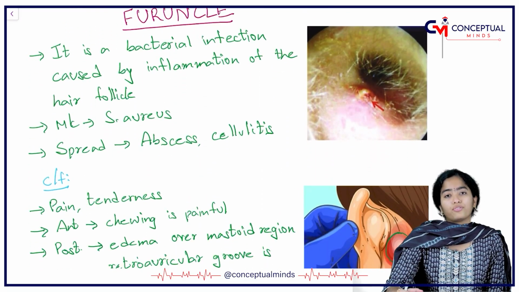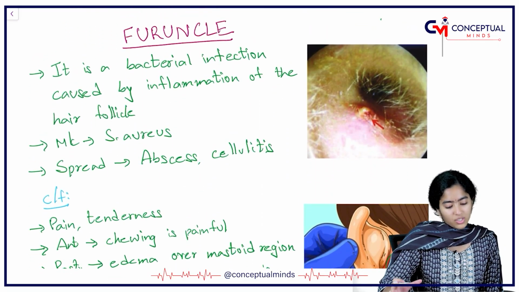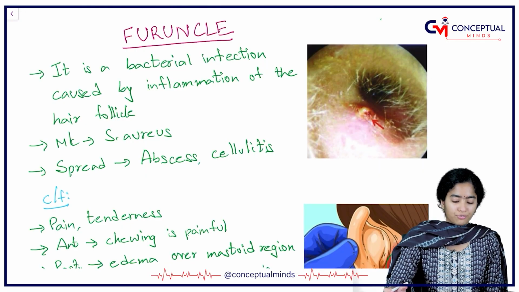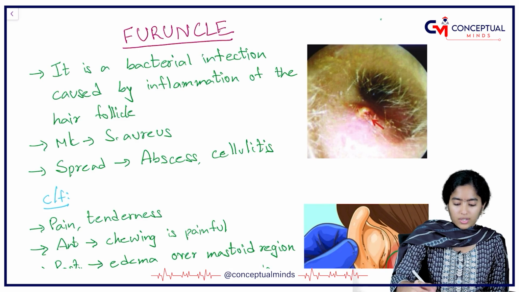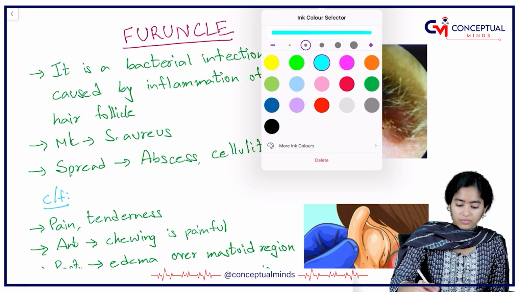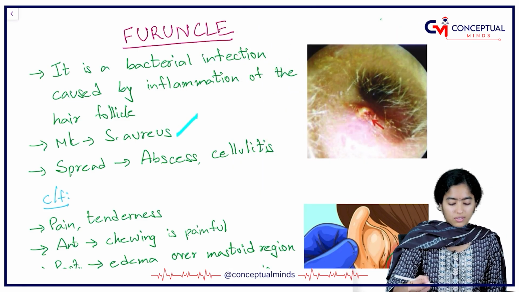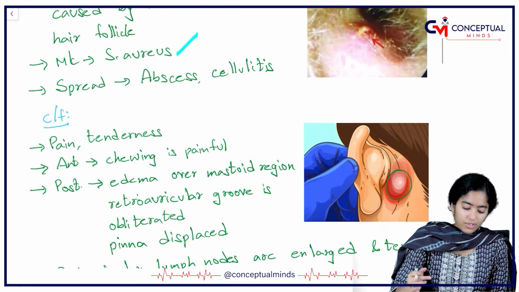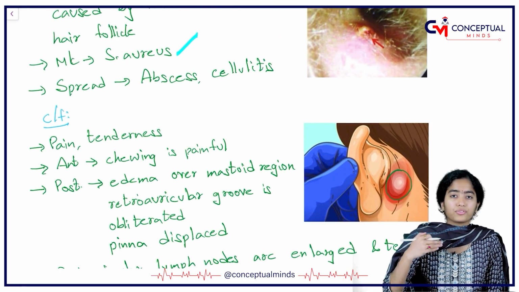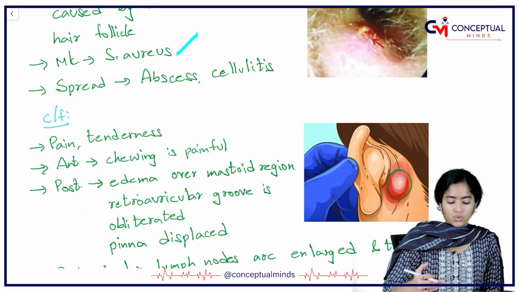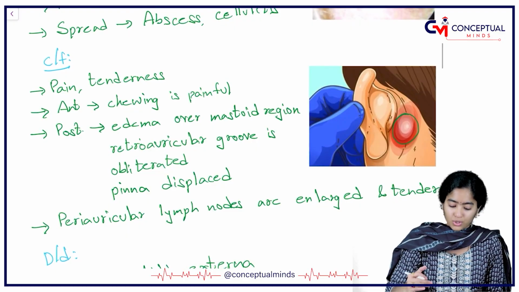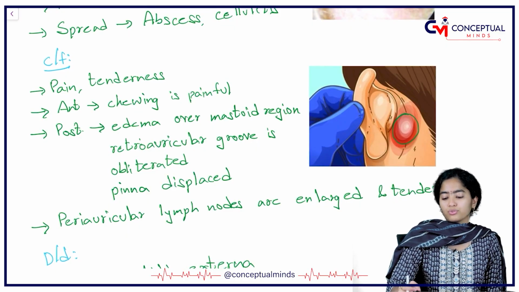Localized is called furunculosis, and a furuncle is a bacterial infection caused by inflammation of hair follicle. And most commonly it is because of Staphylococcus aureus. It is Staph aureus, that's a question. And clinical features are pain and tenderness, and if the furuncle is anterior, it can cause pain during chewing, and if it is posterior, it will cause edema over the mastoid region, and retroauricular groove can be obliterated.